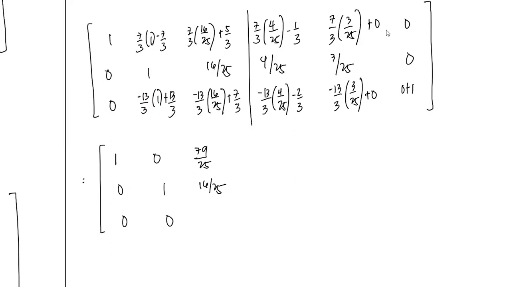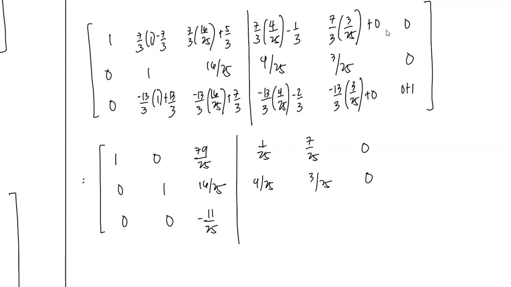The negative 13 over 3 times 16 over 25 plus 7 over 3. Okay. That is negative 11 over 25. Okay. So 7/3 times 4 over 25 minus 1/3, 1 over 25, and 7/3 times 3 over 25, we have 7 over 25, 0. Then we have same value for this one.